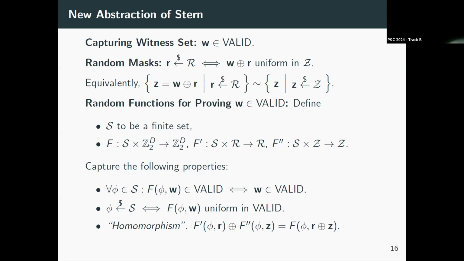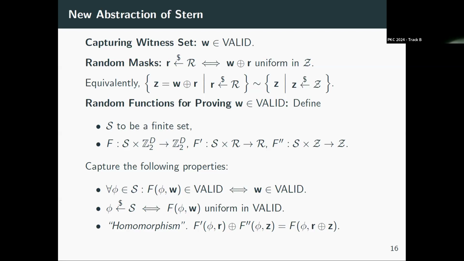To capture the relationship for the weight, we propose other functions, f prime and f2 prime here. Then to show the instance, we try to show the following. First, in order to show that W is in the valid set, we need to show that the function f with respect to the input phi and the witness string W is also in the valid set.